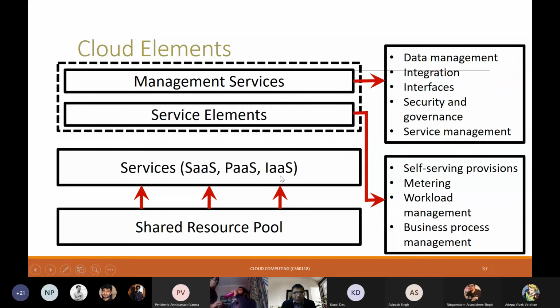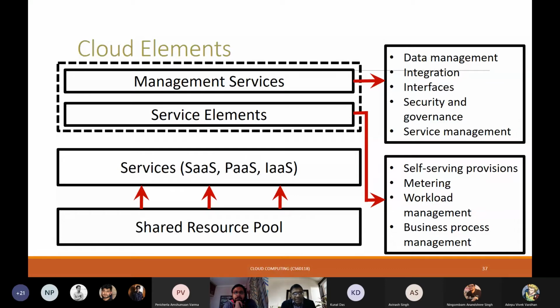So essentially, when you talk about computing, what does computing mean? Either you are talking about infrastructure, that means computer hardware, or you are talking about software. These two are quite logically placed, infrastructure and software, because ultimately a computer is either hardware or software. So software as a service and infrastructure as a service.